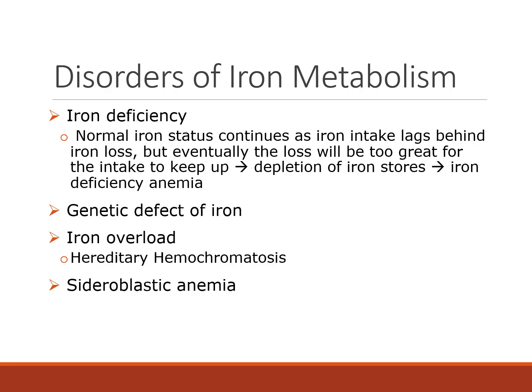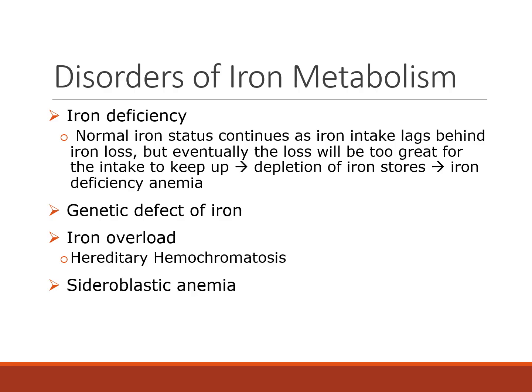And at that point, we're going to have a depletion of our iron stores. As those iron stores continue to deplete, we will then have iron deficiency anemia. So it doesn't happen overnight, it happens over time. We see it very often in newborn babies because they have such an increased demand of iron because of their rapid pace of growth.